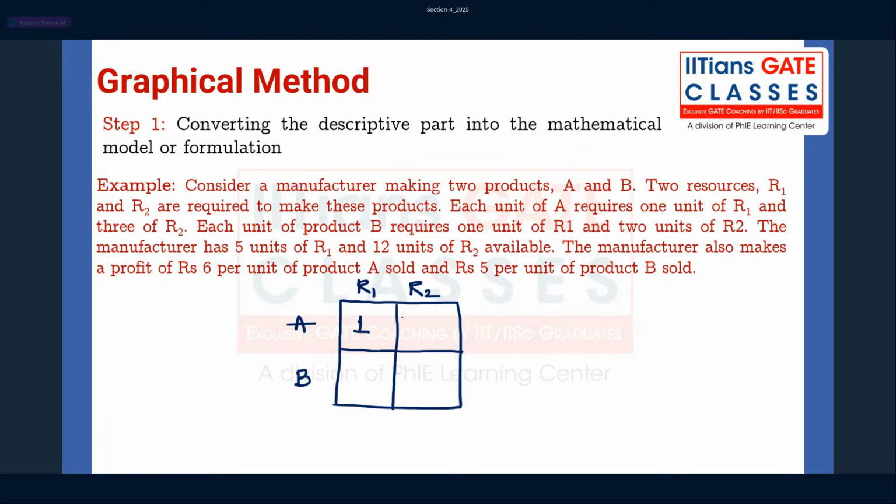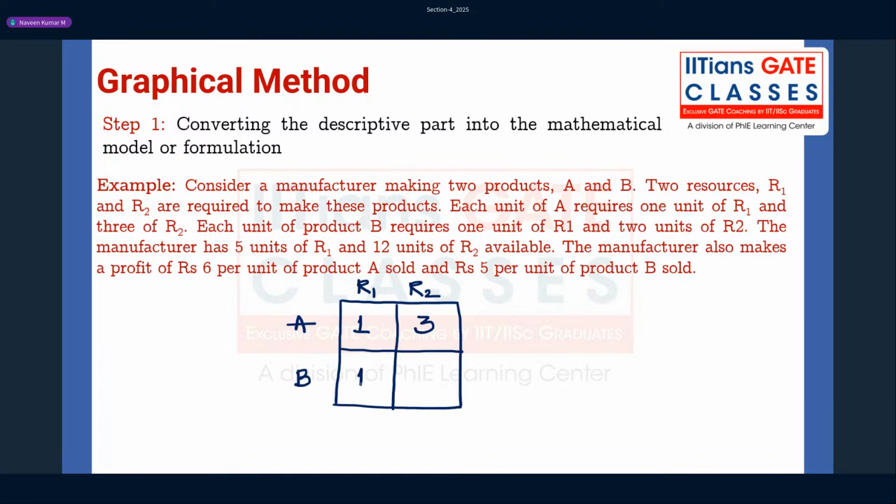Okay, and 3 of R2. So you need 3. So let's assume that if you want to make A, you need 3 units of R2 so that A can be produced. Okay, and each unit of B requires 1 unit of R1 and 2 units of R2, right?